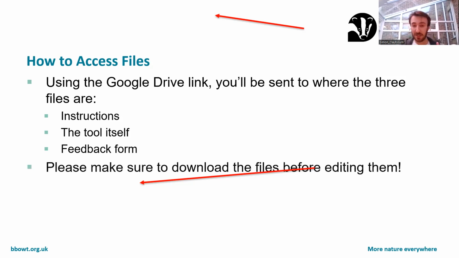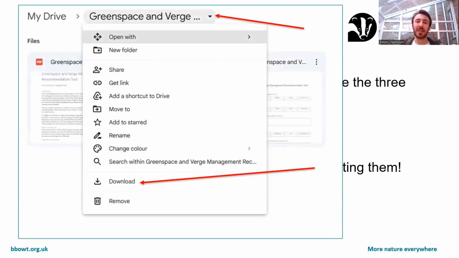Please make sure to download the files before editing them, because if you edit them online, it'll edit it for everyone. The way we do that is when you open the link, you'll have the files, which you can see there in the background. If you right-click on the folder name at the top of your screen, which would be called Greenspace and Verge, it'll open this little menu, and there's a download option towards the bottom.